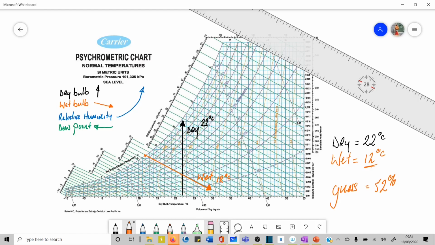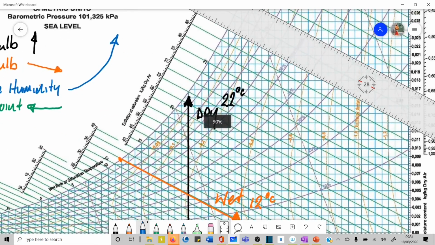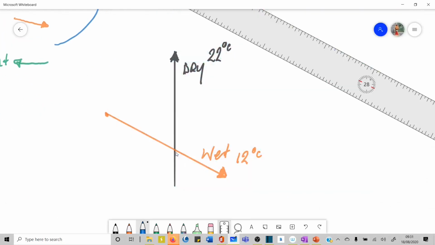So now we've got these two crosshairs here. Everything, if you remember, comes through that. So the first thing we're going to do is our relative humidity, which is this sweeping line here.